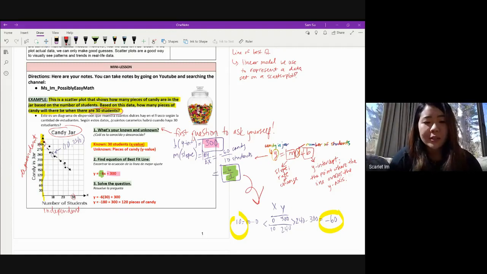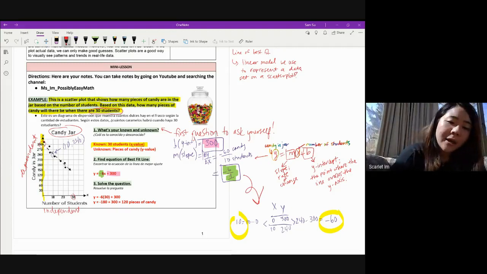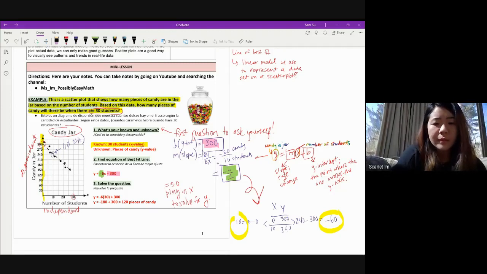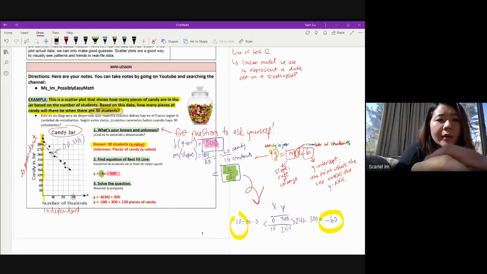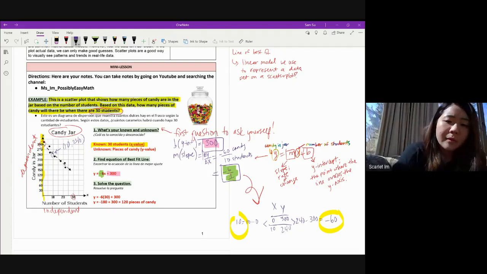So if you look at this equation, I plugged it in. Because I know x is 30, which you can see in number 1, I can plug in x to solve for y.